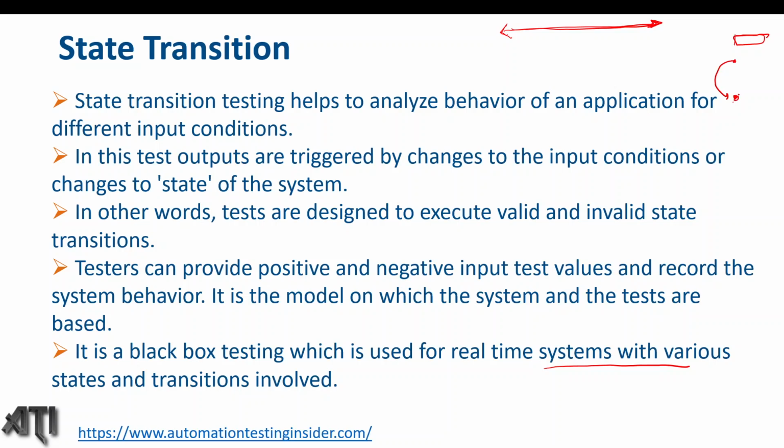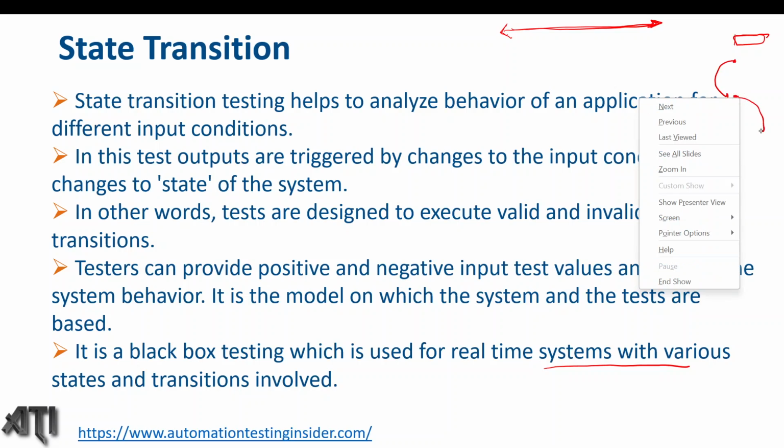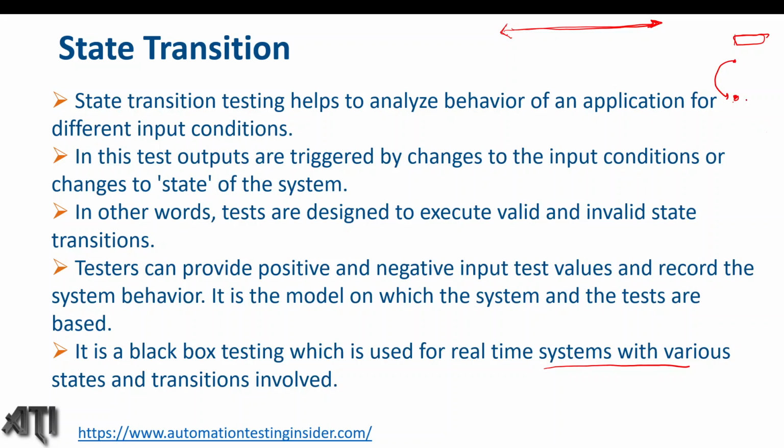And from here, if you enter the correct password, then you will be able to withdraw the amount. In the second attempt, if you are not able to enter the correct password, then it will go for the third. Again, if you enter the wrong password, it will go for the next attempt. I think a maximum of 3 attempts is allowed to enter your password. So these are the different states.